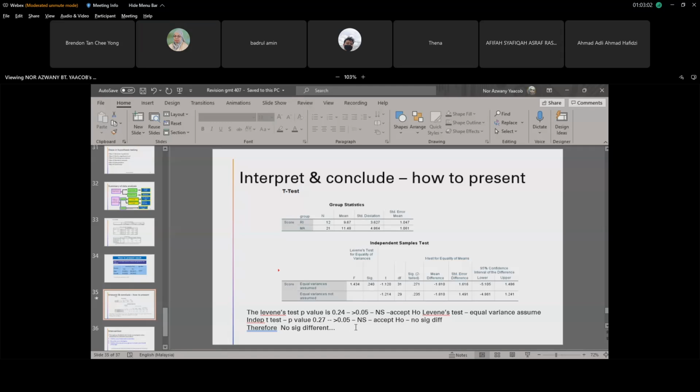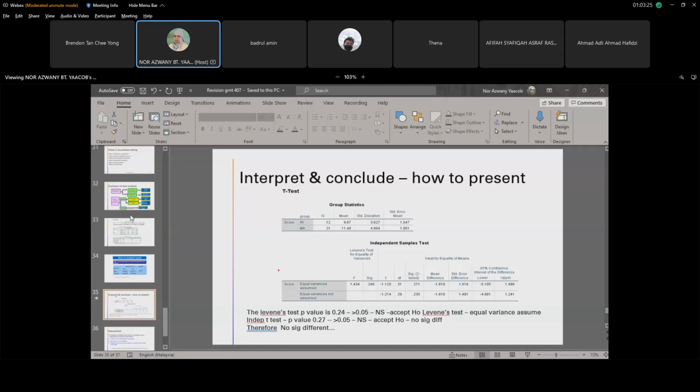Sorry, Prof. Boleh? Ya. Can I ask for the Levene's test? Is it only for independent t-test? Ya. Okay, thank you. Levene's test is for the independent t-test because it's a test of equality of variance. This is for numerical kan? Numerical, standard deviation, variance. So dia nak tengok equality of variance.